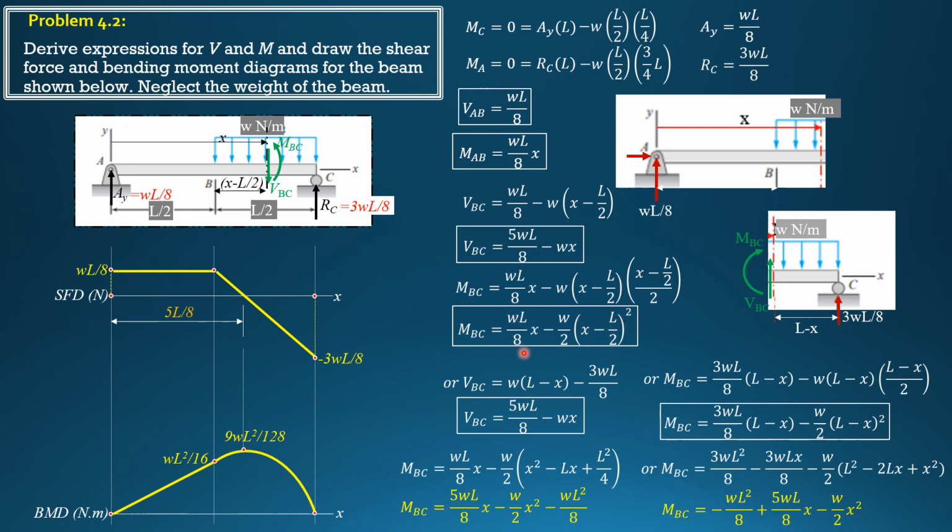So WL over 8 times L, WL square over 8, minus W over 2 times L square over 4, WL square over 8 also, so 0. It is 0 and it's sloping down. It is a second degree curve and the curve looks like that.